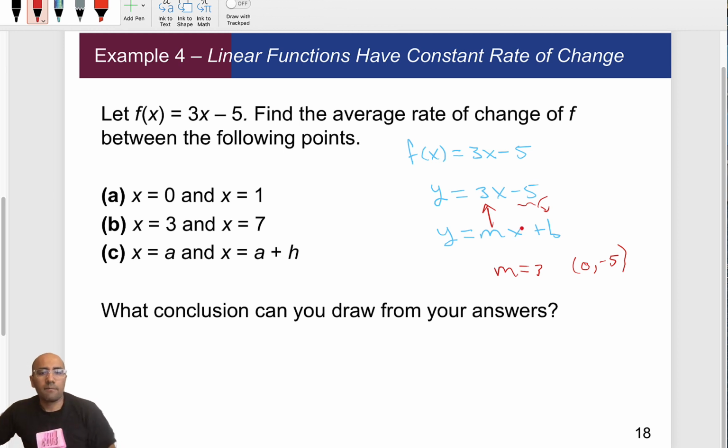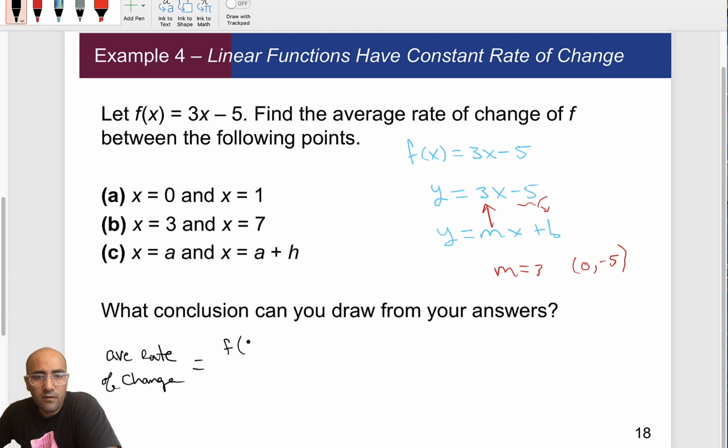Good. Okay, so now let's find the average rate of change by following our formula. By following our formula, the average rate of change is equal to f of 1 minus f of 0, divided by 1 minus 0.